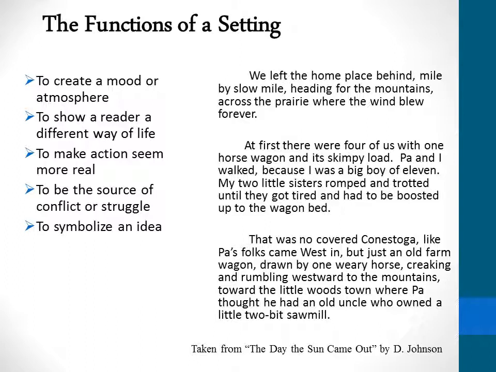We left the home place behind, mile by slow mile, heading for the mountains, across the prairie where the wind blew forever. At first there were 4 of us, with 1 horse wagon and its skimpy load. Pa and I walked because I was a big boy of 11. My 2 little sisters romped and trotted until they got tired and had to be boosted up to the wagon bed.